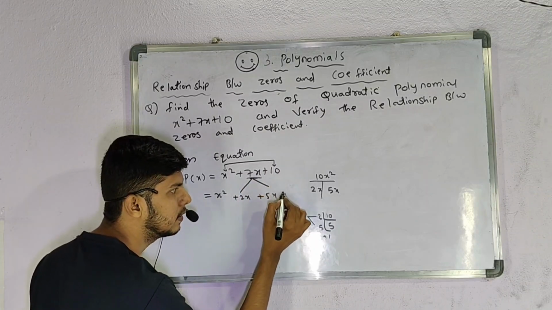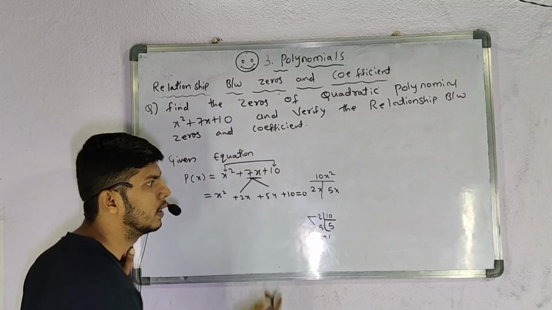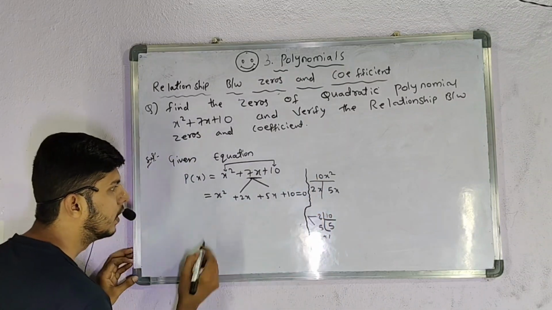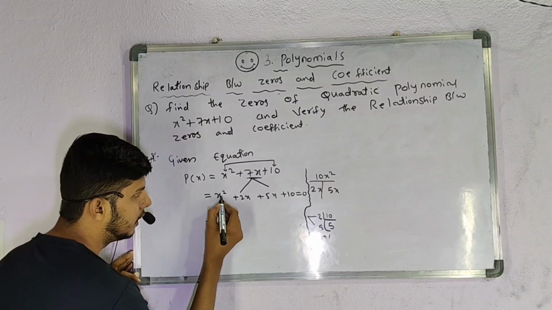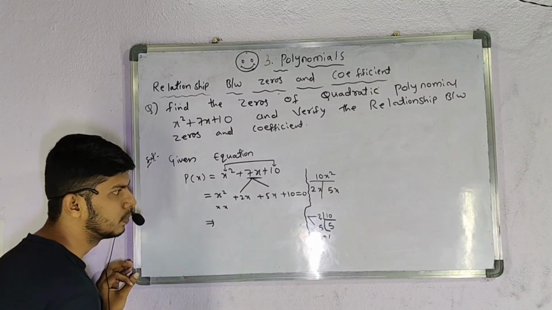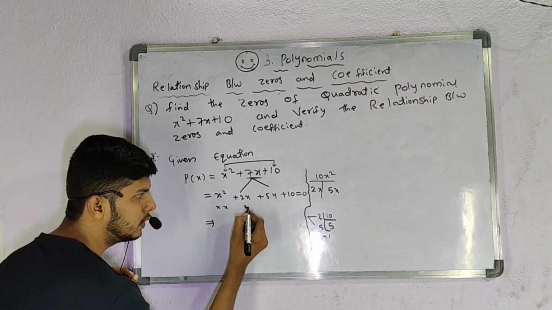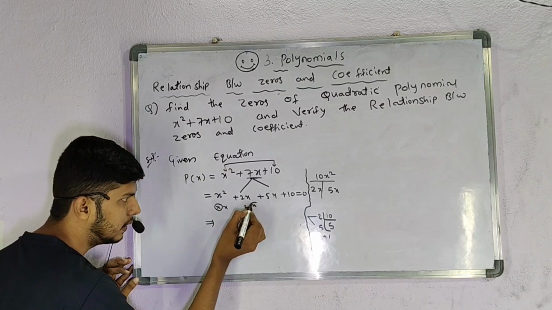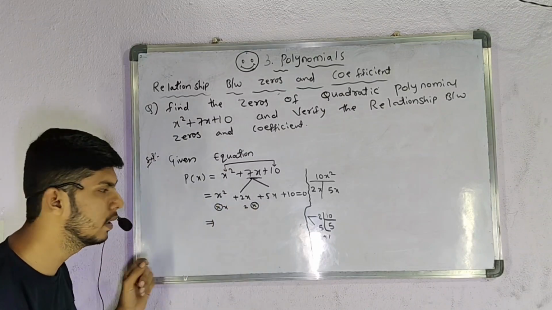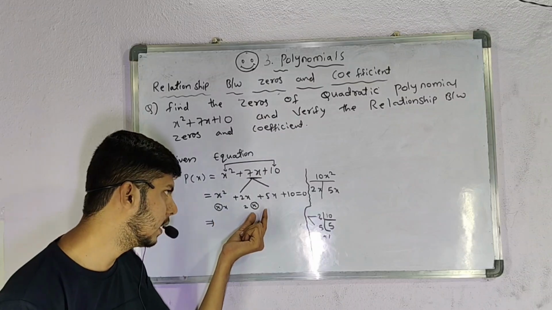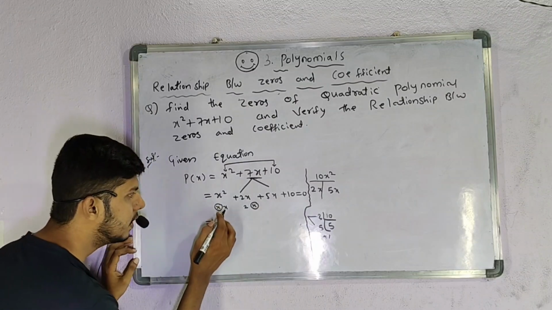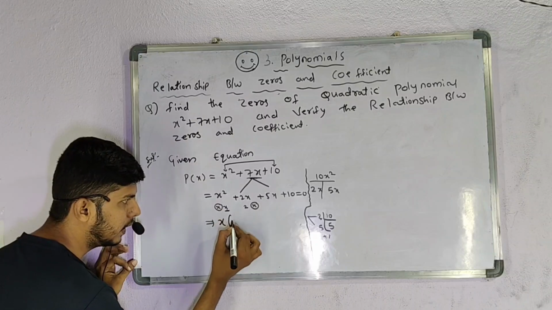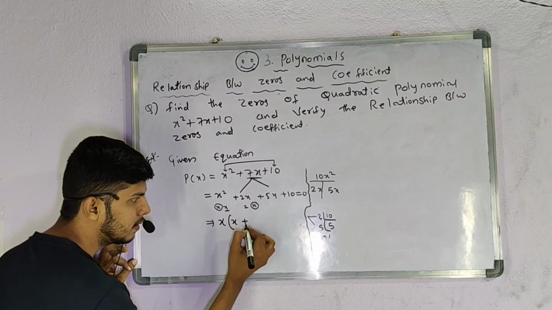Next, plus 10 equal to 0, since we are finding the zeros of the polynomial. In the first two terms, x is common, so take x outside. The remaining is x plus 2.